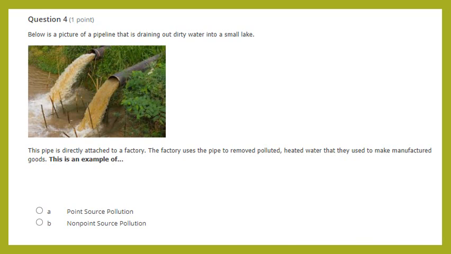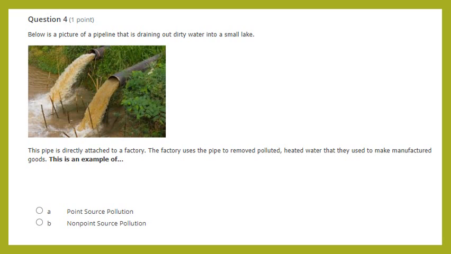Question 4. Below is a picture of a pipeline that is draining out dirty water into a small lake. The pipe is directly attached to a factory. The factory uses the pipe to remove polluted, heated water that they use to make manufactured goods. This is an example of A, point source pollution, or B, non-point source pollution. So I've got one factory that is polluting a lake.